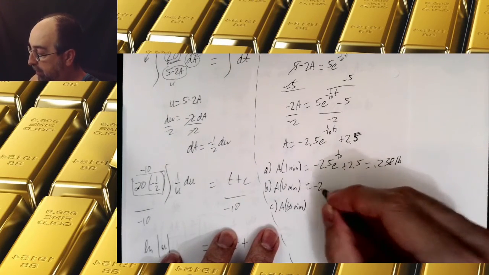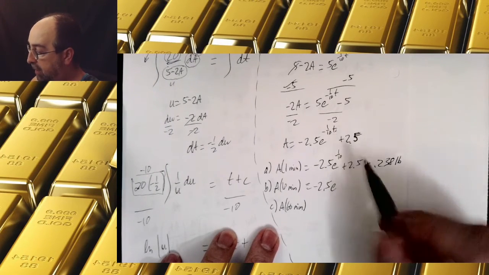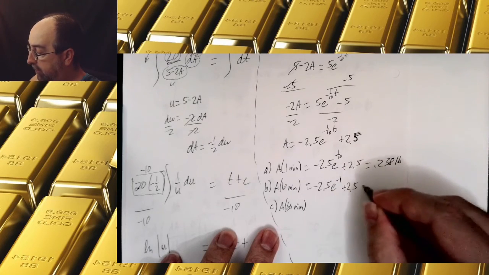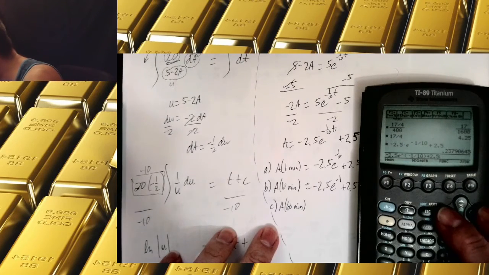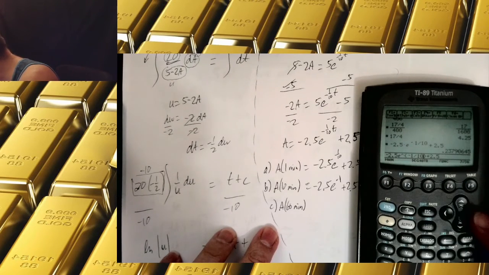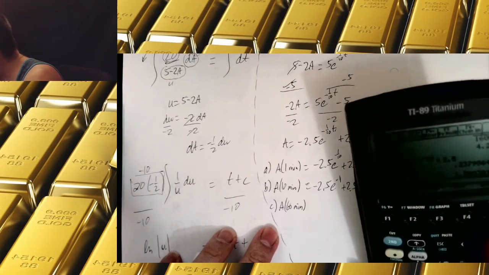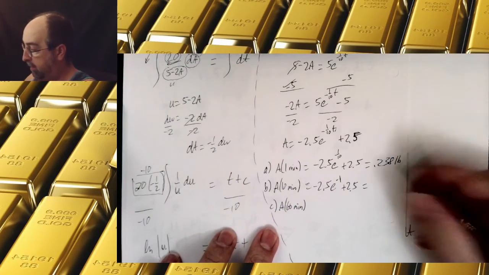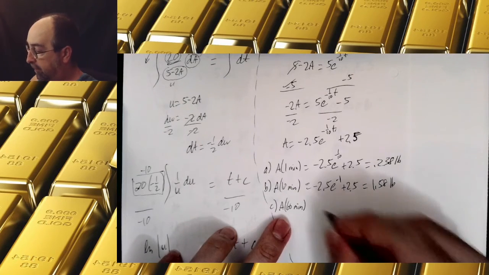So we would end up with negative 2.5 e to the negative 1/10 times 10, which is negative 1, plus 2.5. So if I get this expression back and then change this to be -1, I get 1.58. So if we wait 10 minutes, there will now be 1.58 pounds in there.